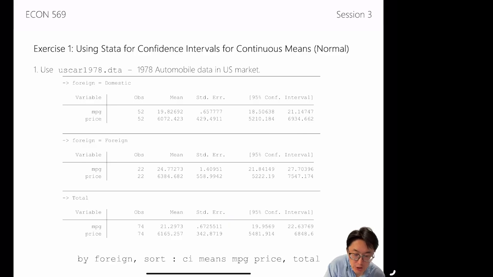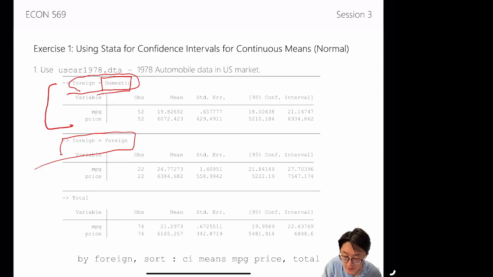And Stata will return this confidence interval for domestic cars, and this confidence interval for foreign cars. And if you compare that, for domestic cars your MPG is now between 18.50 and 21.15.